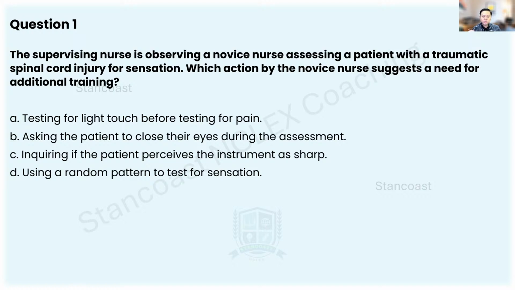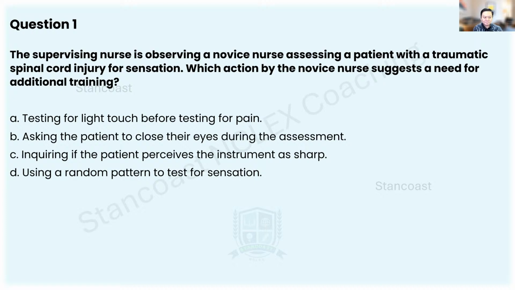So you should be eliminating those options that will give the patient clues when you are testing their sensation function. Remove those options that will give the patient a clue of what you're doing to them.